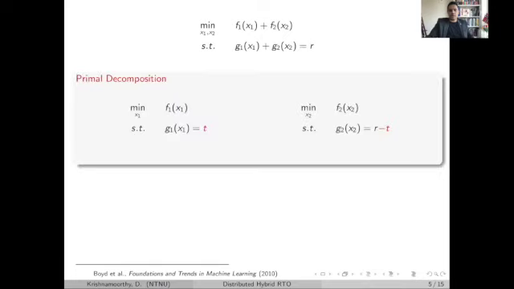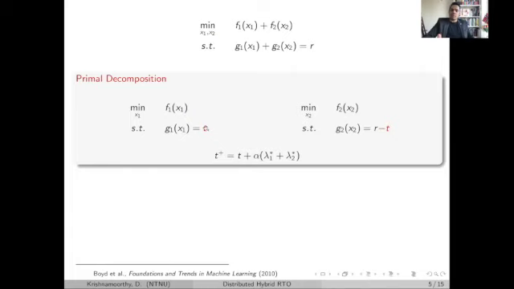The first is the primal decomposition framework, where the idea is to split the problem into two subproblems and directly allocate the resource by using some auxiliary variable, say t, and the master coordinator simply updates what this value of t should be.